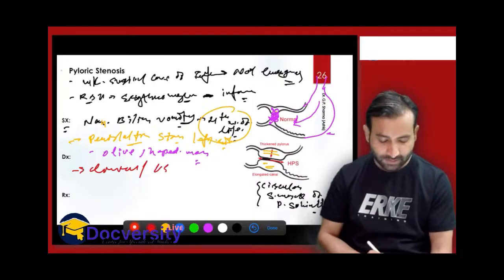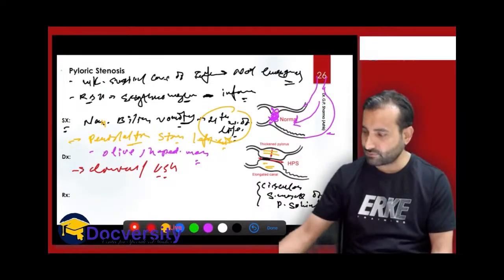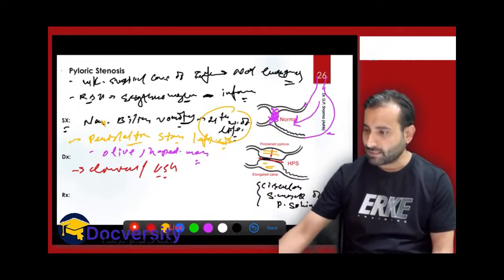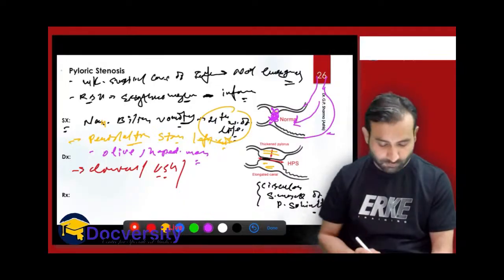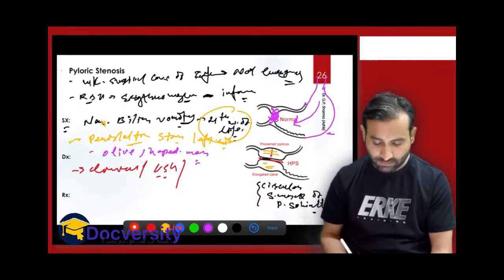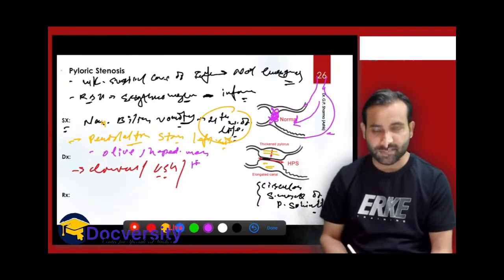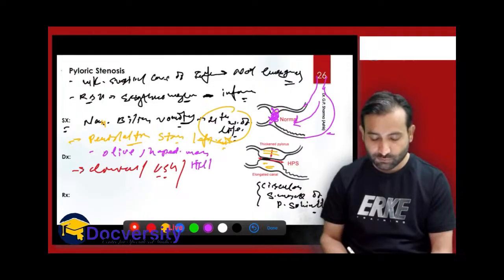So the diagnosis is clinical, or you can do the USG, right? So how to diagnose? USG, or clinically you can diagnose, right? And then yes, one more point. What are the chemical abnormalities present in this baby? This baby will lose the HCl, this baby will lose the potassium, right?